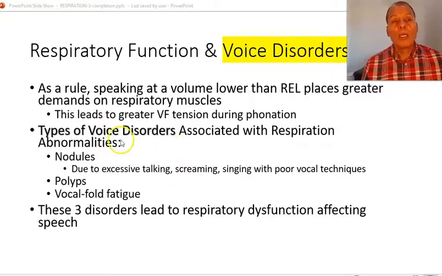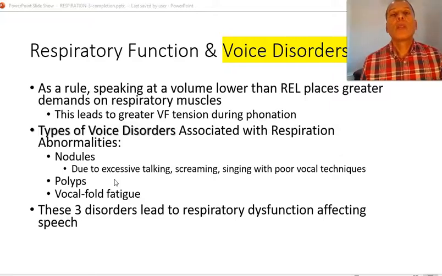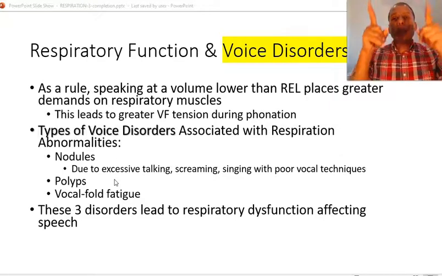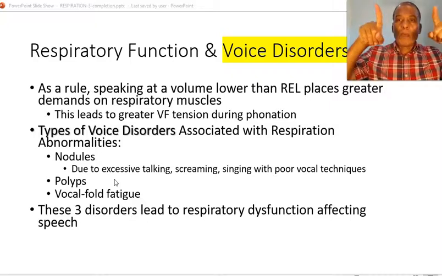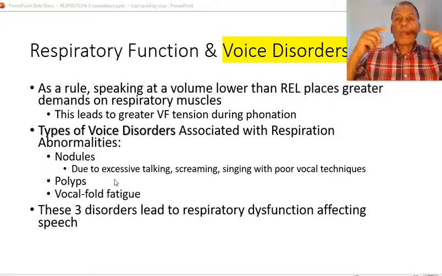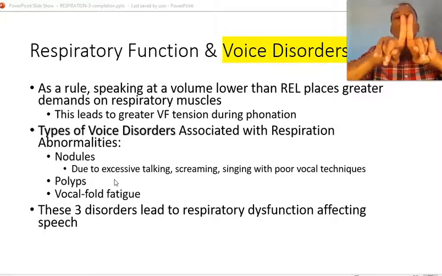So there are several types of voice disorders associated with respiration abnormalities, and they include nodules, polyps, and vocal fold fatigue. So in terms of nodules, we have seen many images of that hourglass configuration where the nodules just protrude to the midline, and you bring the vocal folds together and they are not closing.